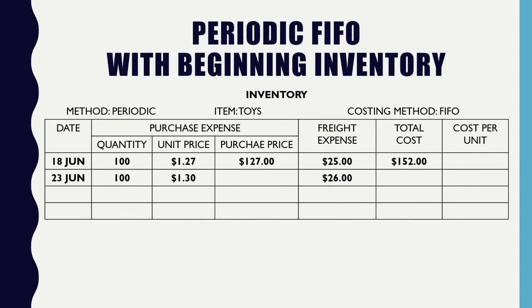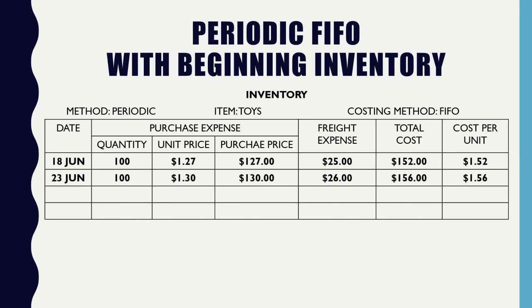If I have a new batch of inventory, then I must figure out how much it's going to cost me for this batch per item. So 152 divided by 100 is going to give you $1.52.